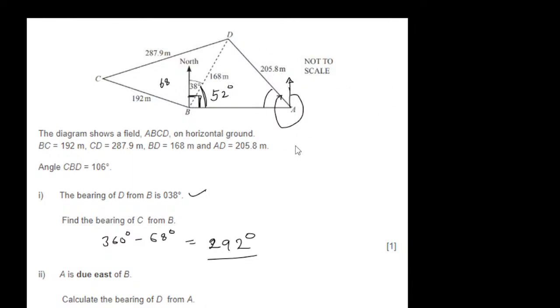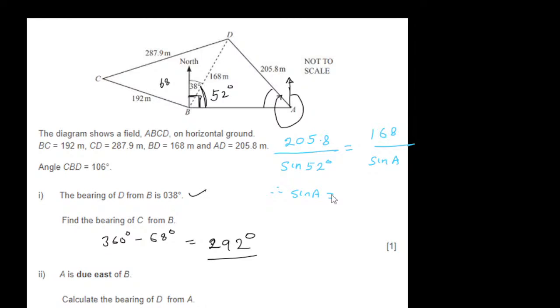Sine rule, we can say that 205.8 divided by sine of 52 degree is equal to 168 divided by sine of A, I will say this angle is A. Okay, so therefore this will give me sine of A. So sine of A, let us calculate sine of A. Sine of A will be 168 divided by 205.8 multiplied by sine 52 degree.